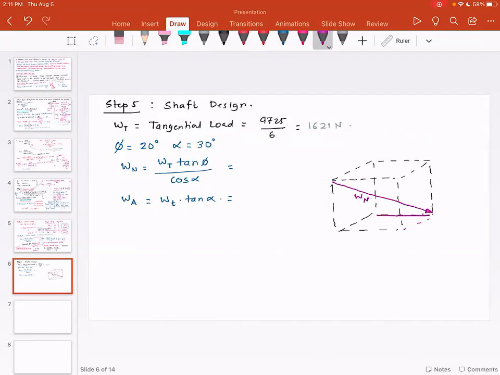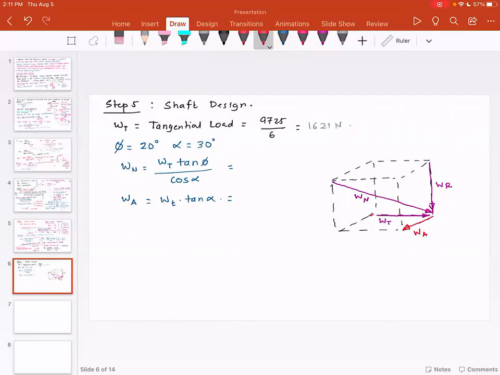This force is Wt. This force is Wr. And this force is Wa.